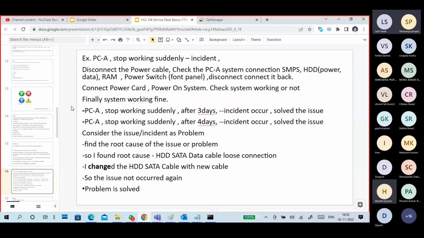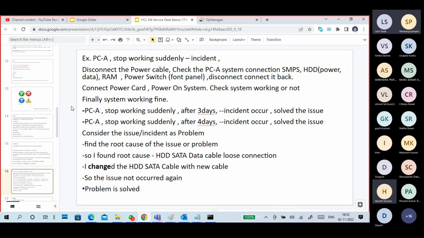Guys, here is an example which happened in our organization, in our Pune office. Actually, I have taken that as a reference to understand incident, problem, and change. I have a computer. Suddenly it stopped working. We were all working seriously on a practical in a lab. Suddenly, someone kicked that desktop.